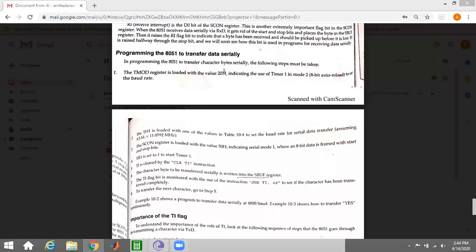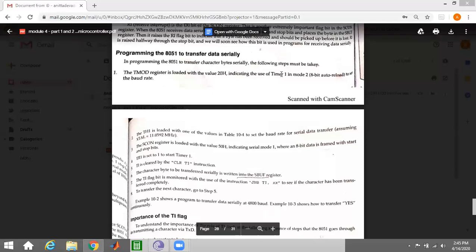8 bit. So here, if it is 20, that means the lower 4 bits are 0 and the upper 4 bits are 0 0 1 0. That is why it is 20. When we are using the upper 4 bits, that means we are using timer 1.